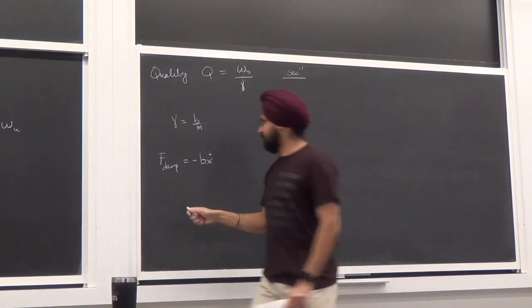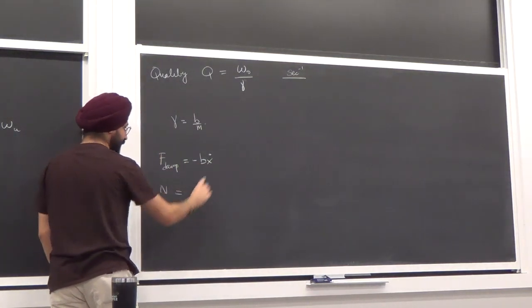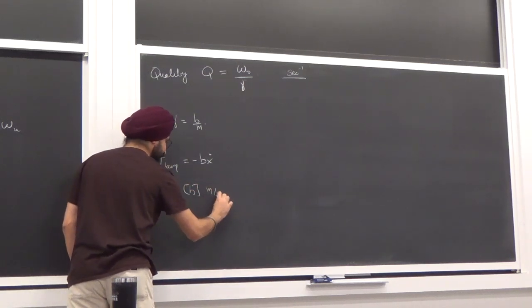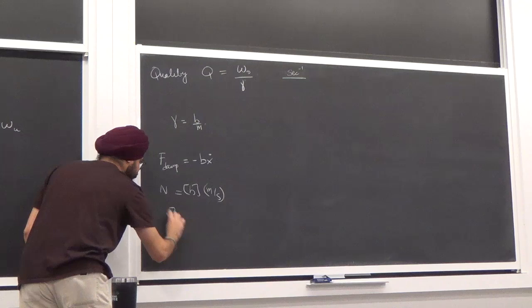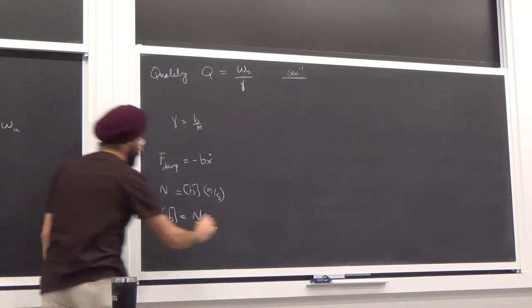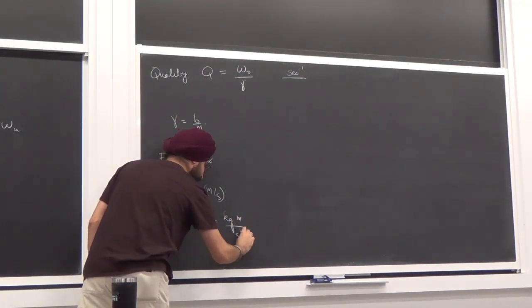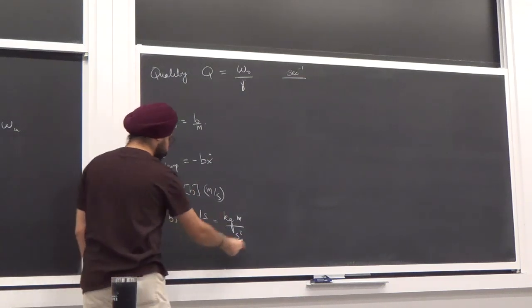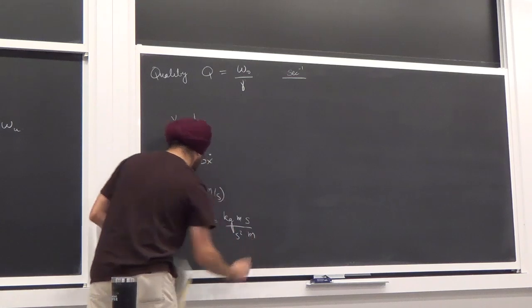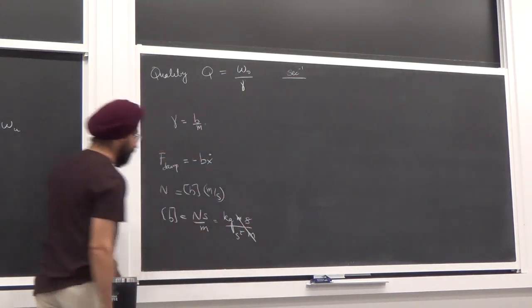The force is newtons. So this is Newton, and there's a B x dot. So it's B, whatever dimensions B has, times meters per second. So the dimensions of B are Newton second per meter. Newton is kilogram meter per second square. So the meter goes away, the second's 1 power goes away.